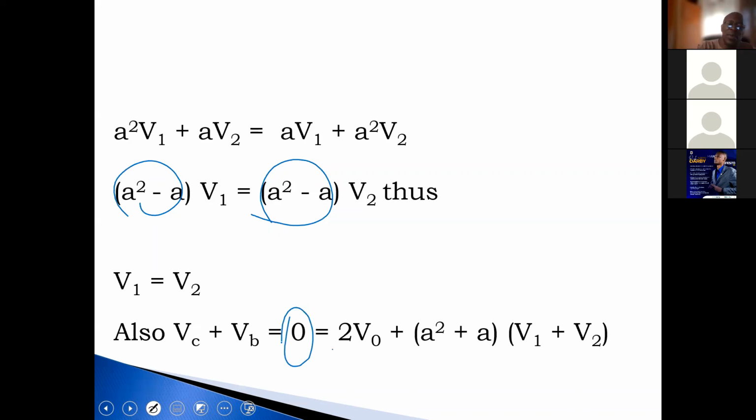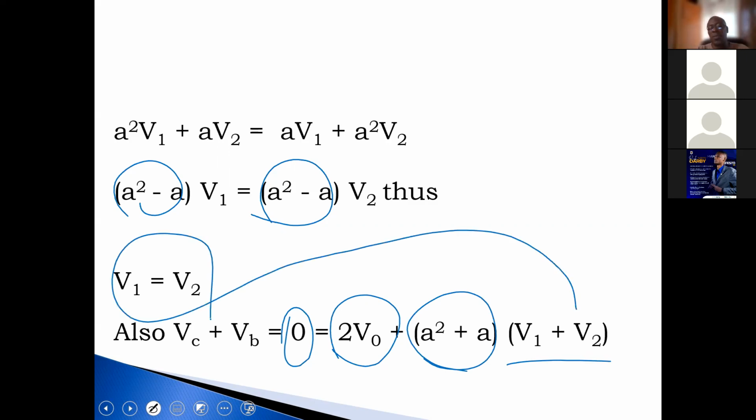When we add them, we get 2V0 plus (A squared plus A) V1 plus V2. But we already established that V1 is equal to V2, and we know that A squared plus A is minus 1. So we're using all of those relationships.